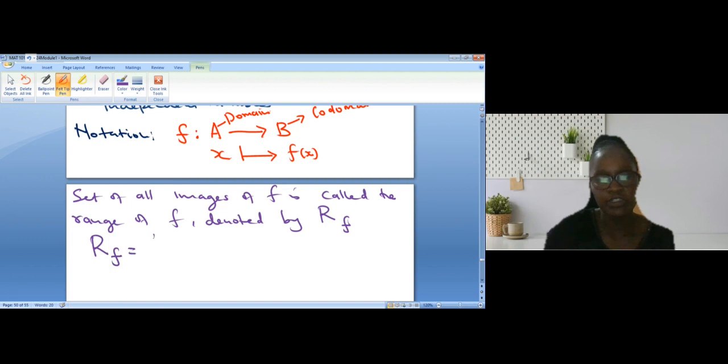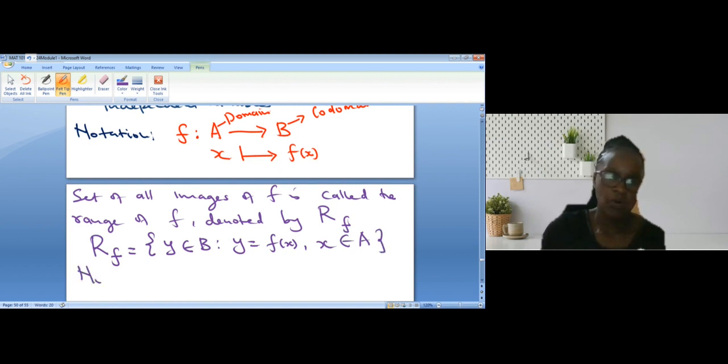By set builder notation, it consists of elements y belonging to B such that y is f(x) for some x belonging to A. We note that the range is a subset of the codomain.